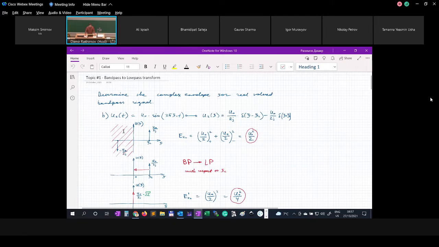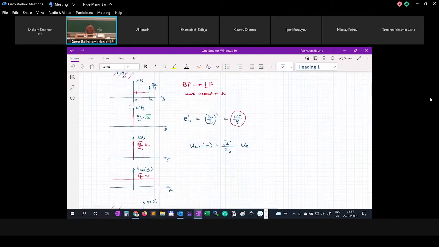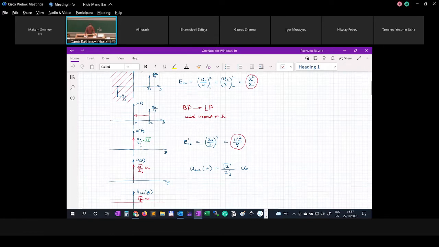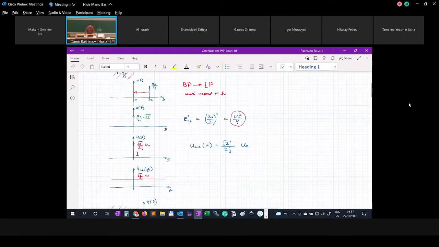The remaining part you shift towards zero with respect to the frequency about which you perform the transformation. After that, you perform an additional normalization to be sure that the energy of the signal before and after the transformation is the same. After all the steps, you get the signal in the so-called low pass range.